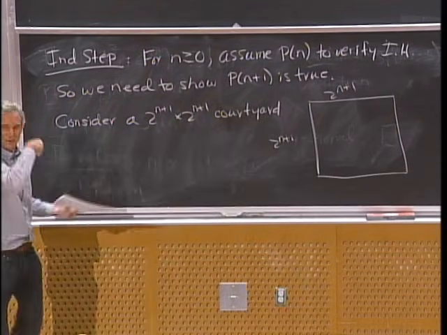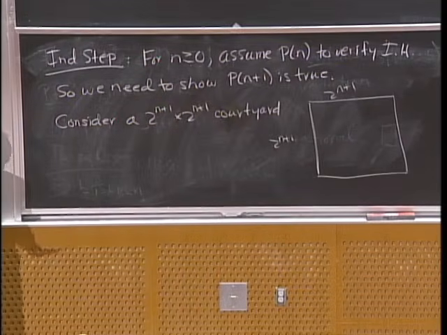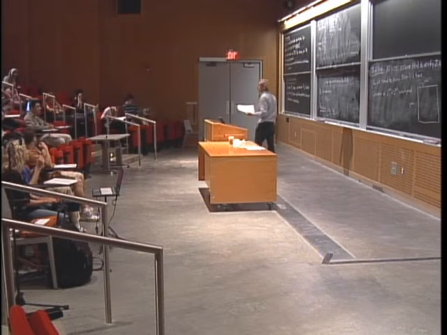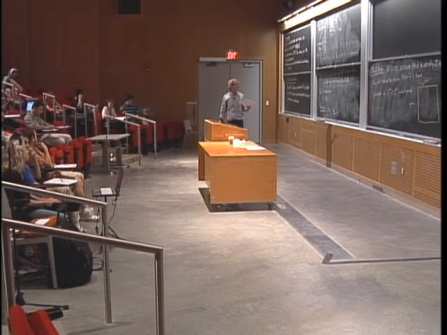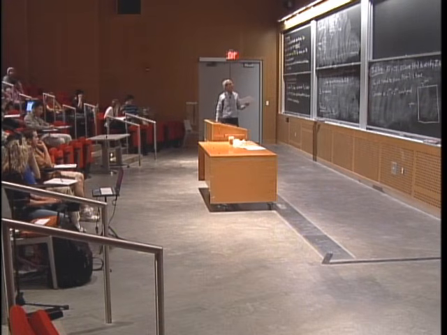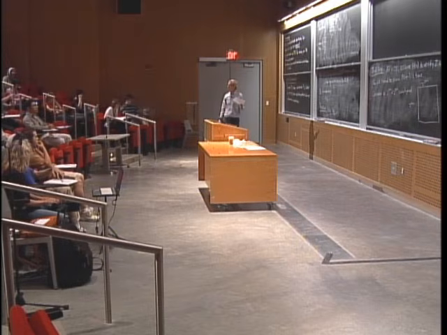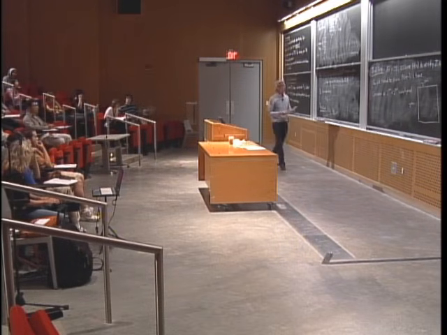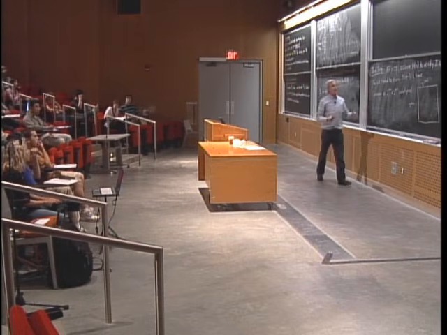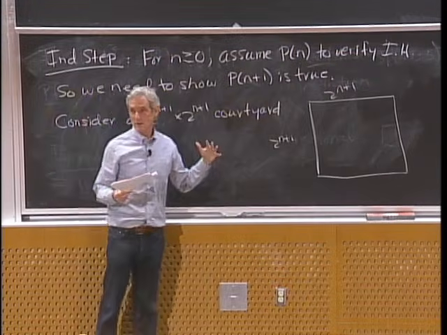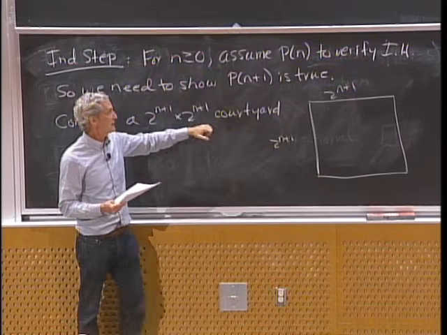What are we going to do to use our inductive hypothesis? You're on a good track there for sure. But I'm not going from 1 to 2. I want to use Pn here.